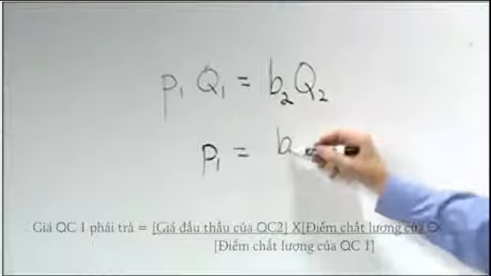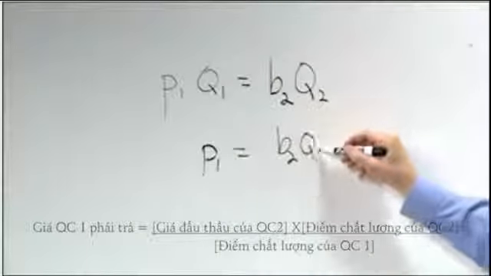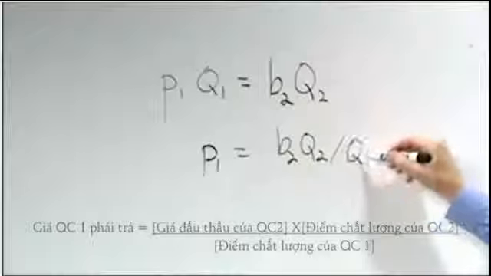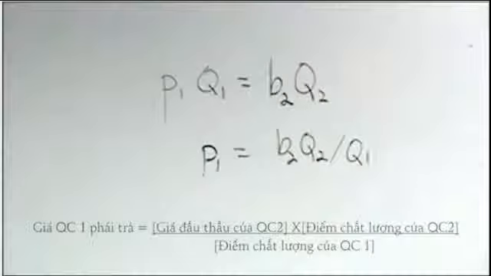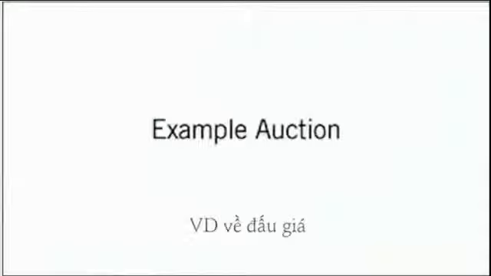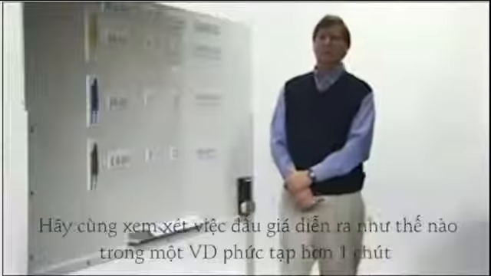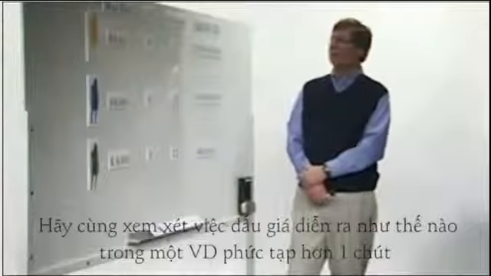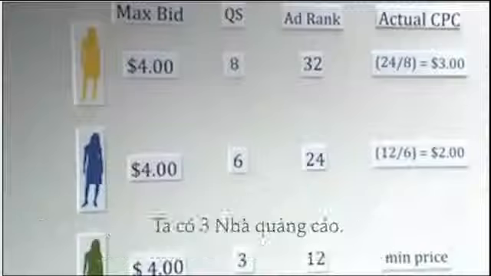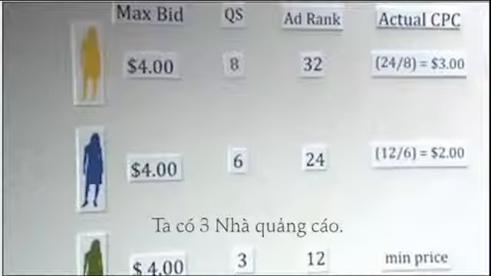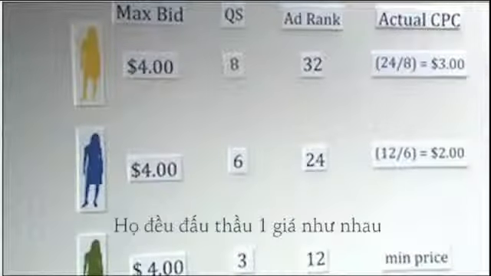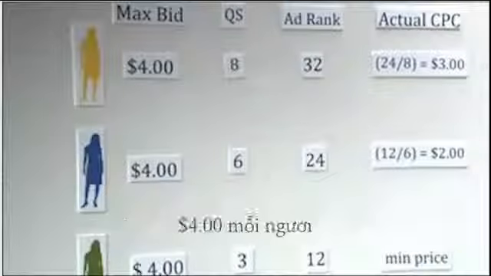So in this particular case, we have the first advertiser bidding $4, but they only have to pay $3, which is the bid of the second highest advertiser. Same thing for advertiser 2 and for advertiser 3. So in this way, each advertiser can bid their maximum willingness to pay, but what they have to pay is just enough to beat the competition.